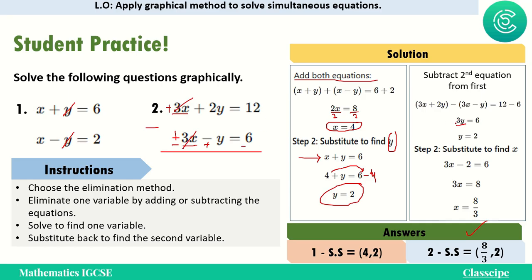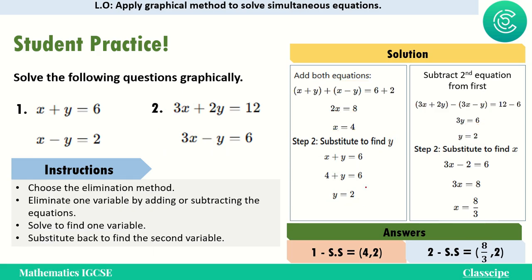and 12 minus 6 will be 6, right? So we will divide both sides by 3, and what answer will we get? 2. So y will be 2. Now for the next, we will substitute the value of y to find x. So we are going to choose the second equation. Now 3x minus 2 equals 6, right?